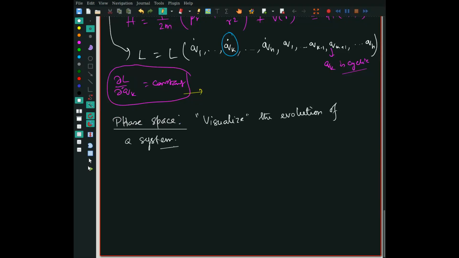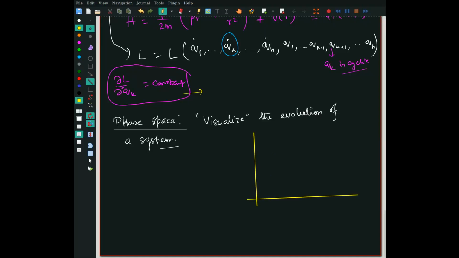Again, to effectively visualize, I have to move to the one-dimensional problem where the Hamiltonian only depends on, say, p and q. What you know is that if you know the momentum and the coordinates of the particle or of the system at all times, then you know the system at all points of time.